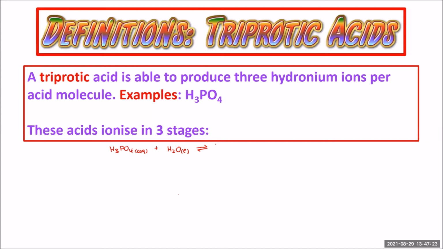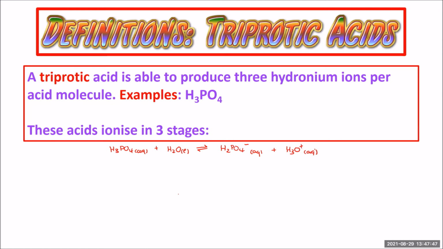Now we're going to produce the conjugate base of phosphoric acid, so that is going to be 1 less hydrogen and 1 lower in charge. So it'll be H2PO4, and instead of a charge of 0, it's going to be a charge of -1 now. And of course, we will produce a hydronium ion.